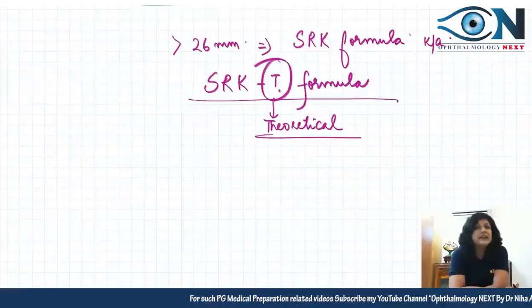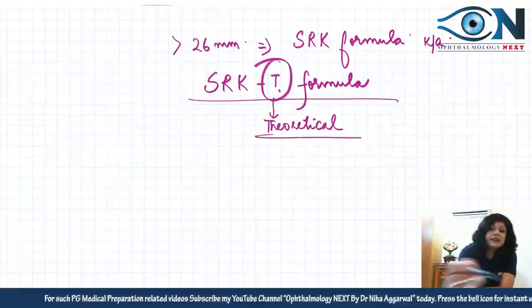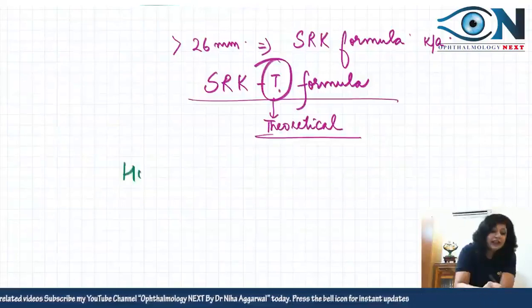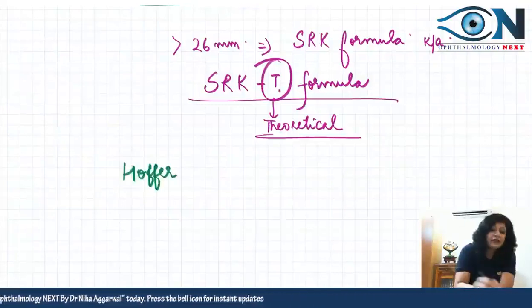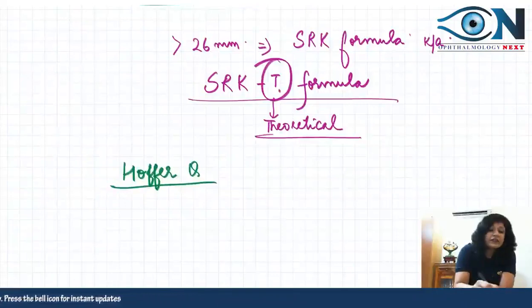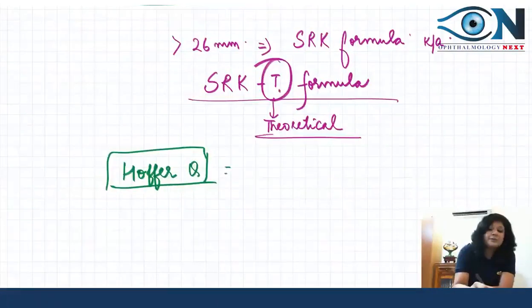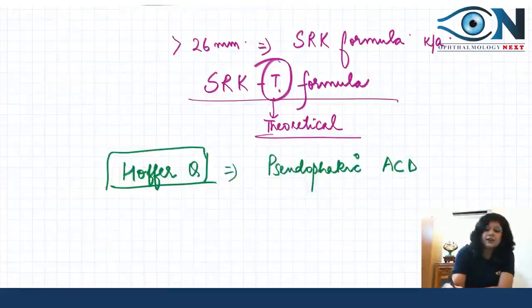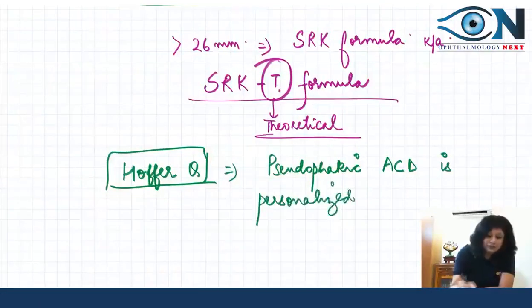Okay, so this was about SRK1, SRK2 and SRK/T formula. Now there is one more formula, the Hoffer Q formula. This Hoffer Q formula is basically for the pseudophakia. Pseudophakic AC depth is personalized. Now I will tell you the meaning of this.